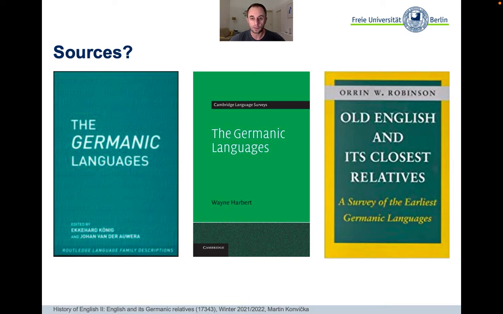And then if you're interested in the early history of the Germanic languages, then a very nice book is Robinson's Old English and Its Closest Relatives, and I can only recommend it. The bibliography for these 3 books can be found in the list of references that I've uploaded on Blackboard, so feel free to have a look at these books if you want to learn something more than what I'm going to say in this video.